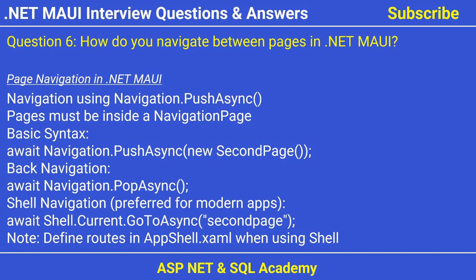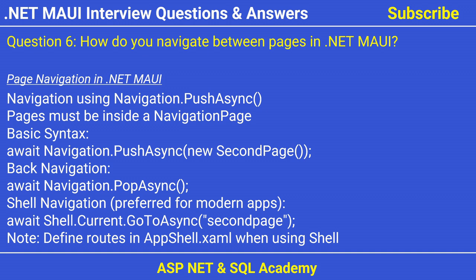For example, to navigate to a page named SecondPage, you use await Navigation.PushAsync(new SecondPage()). However, the preferred approach in .NET MAUI is Shell navigation.